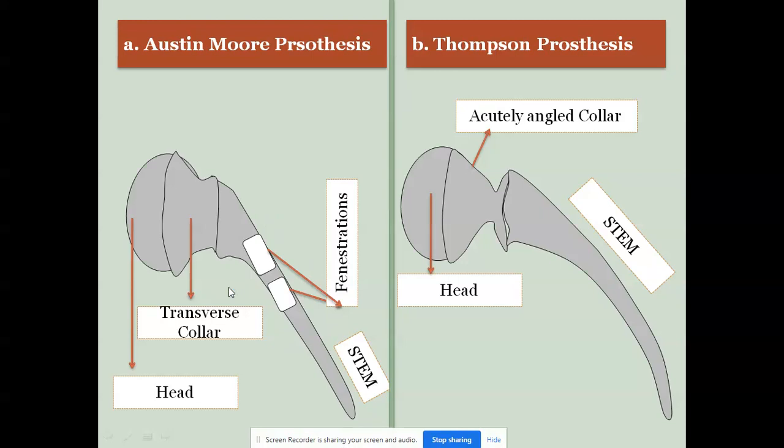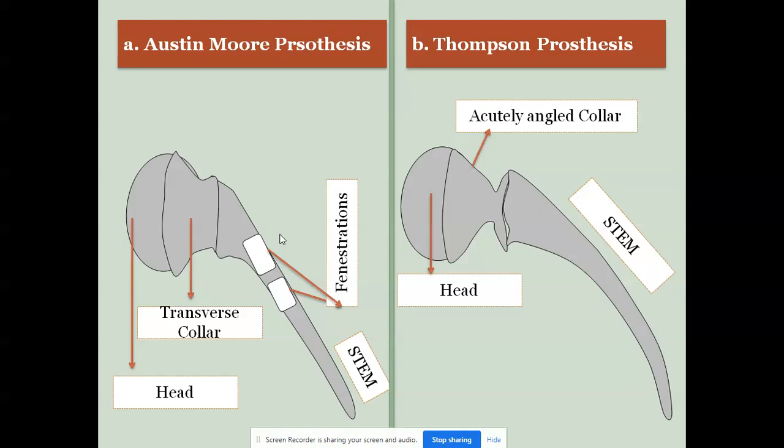When the patient is young, his bones have the capability of growth, so the bone may grow through these holes, through the fenestration. Hence, fenestration facilitates bone ingrowth and anchors the prosthesis through the shaft, hence used in younger patients. These are the two types of hemiarthroplasties.